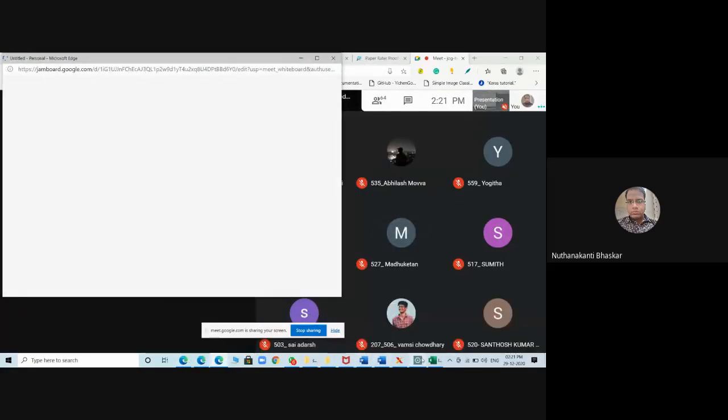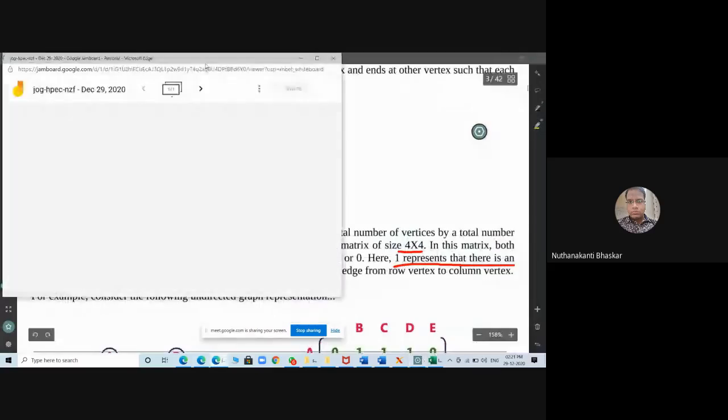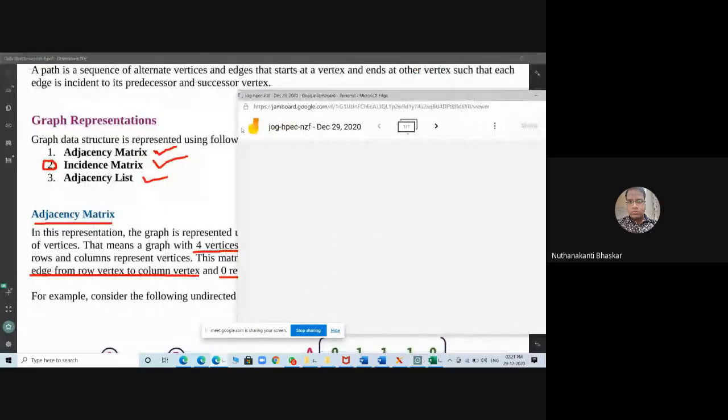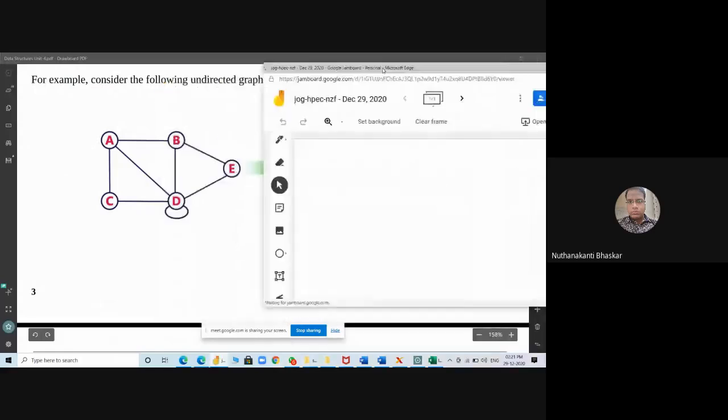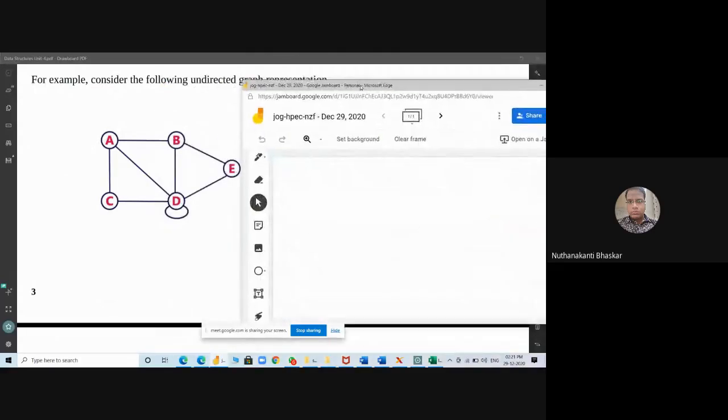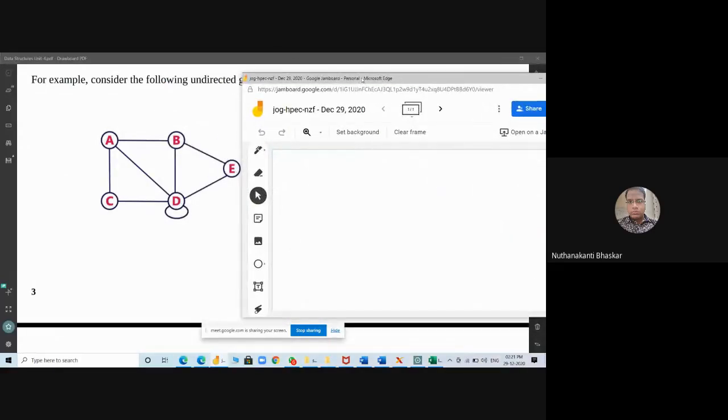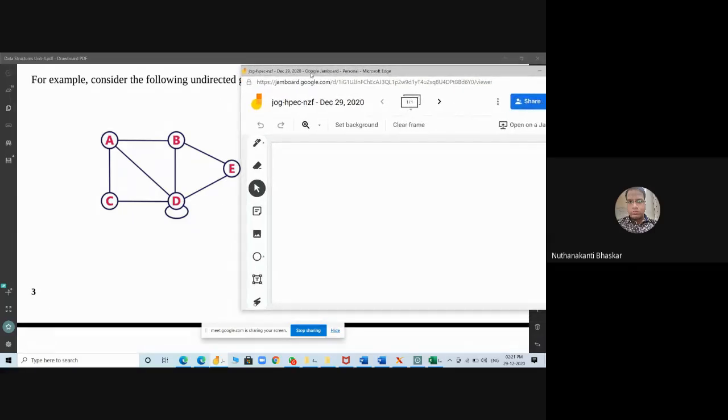Is this visible now, everyone? Yes, it's visible. Now, this is a graph. I want to represent it in an adjacency matrix.